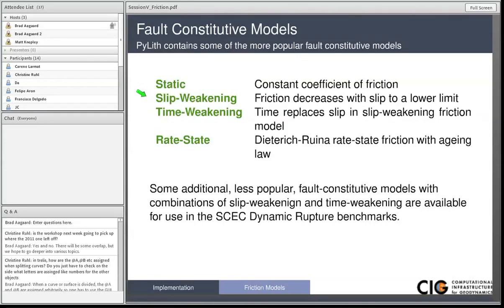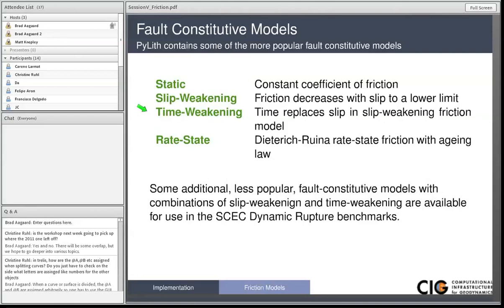This is your classic dynamic and static coefficients of friction, but it's slightly regularized in that instead of instantaneously dropping from the static coefficient of friction to the dynamic coefficient of friction, it decreases as slip develops over some length scale. Then there is an equivalent model where that decrease is controlled by the passage of time rather than the accumulation of slip.